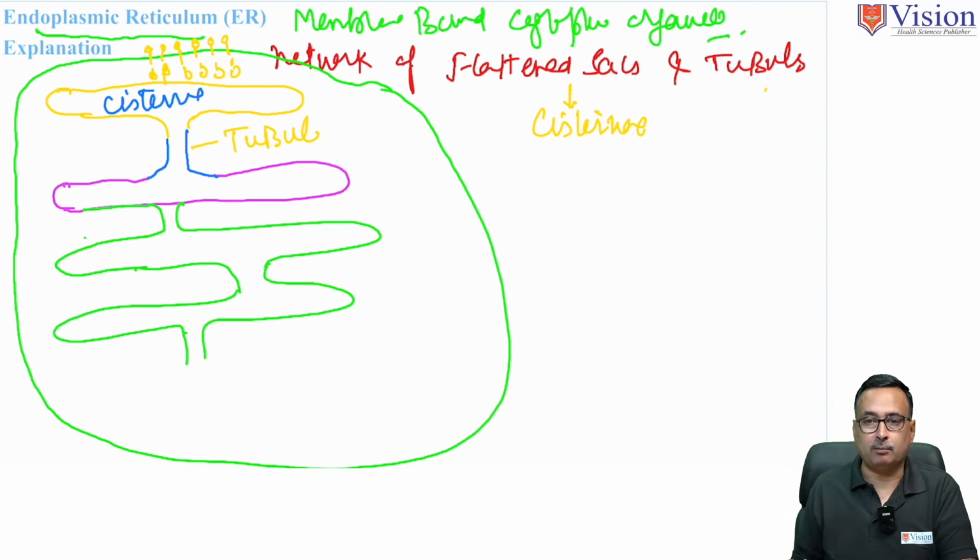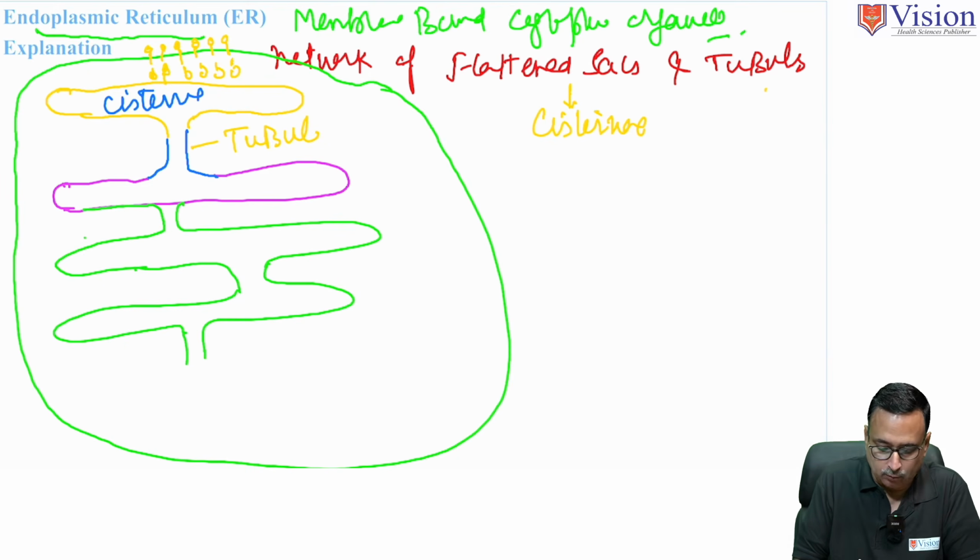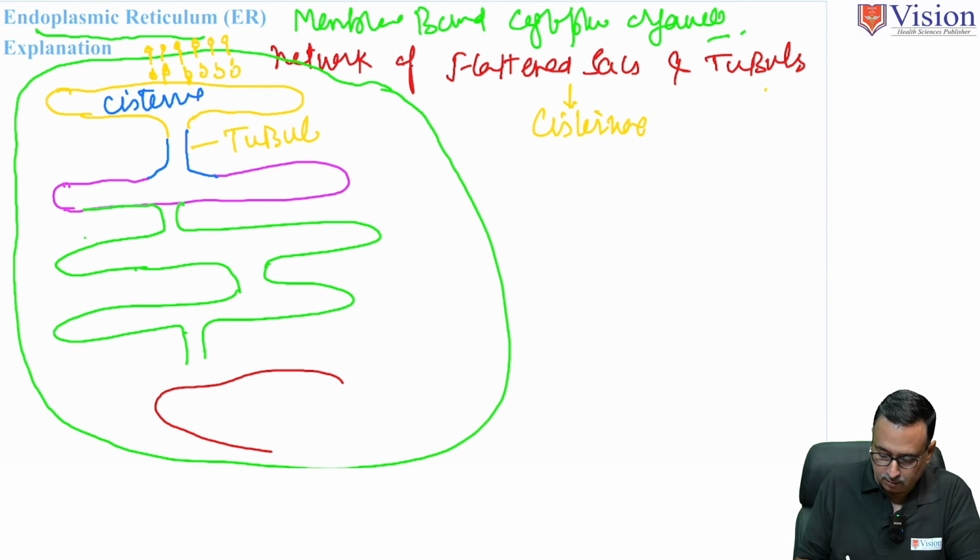One part of the endoplasmic reticulum is linked with the cell membrane, and another part is linked with the nucleus.